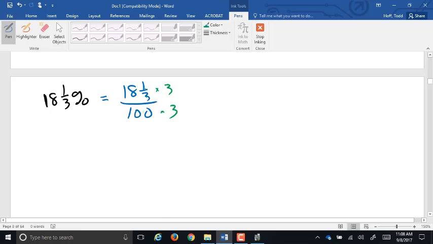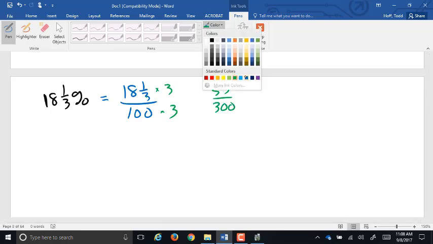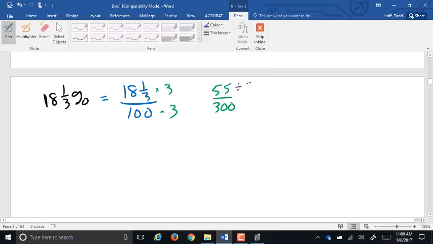If it was 1/7, multiply by 7, yep. Perfect. So 18 1/3 times 3 is 55. 100 times 3, 300. Of course, that reduces by 5. So 11 over 60.